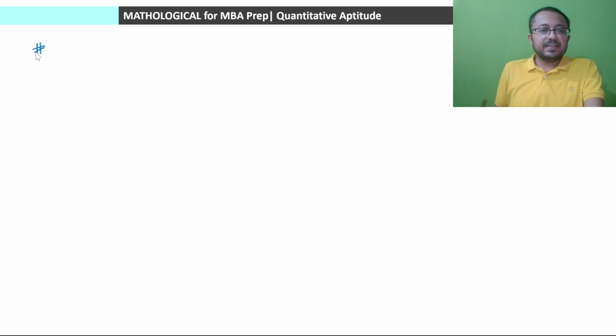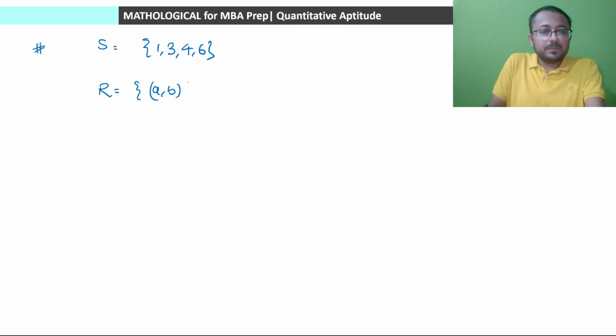Let us say we have a set S and S is having elements 1, 3, 4 and 6. Let us define a relation between the elements. So we are defining a relation R such that R has ordered pairs (a, b), and a and b are connected in a manner that a is less than b and both a and b are elements of S. And this is a relation on S because the input set is also S, the output set is also S. Write S in both the input and output sets.